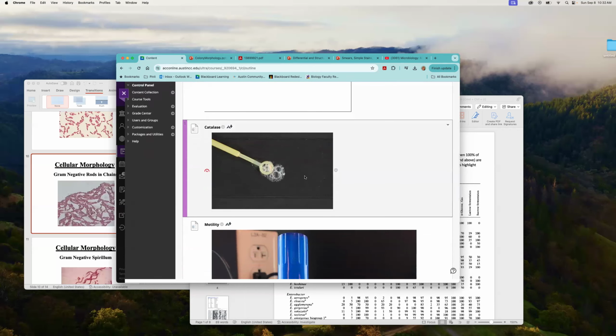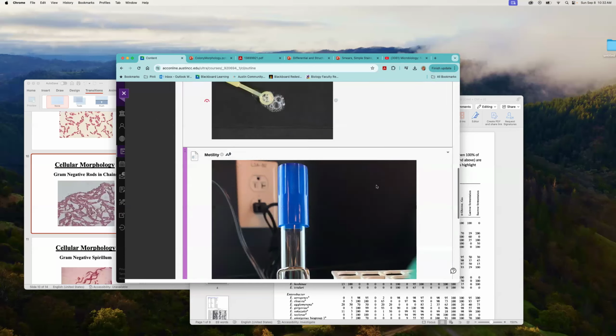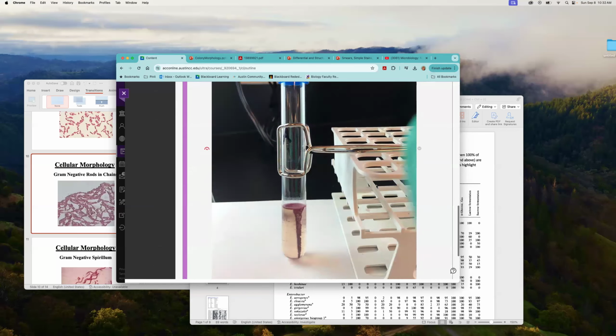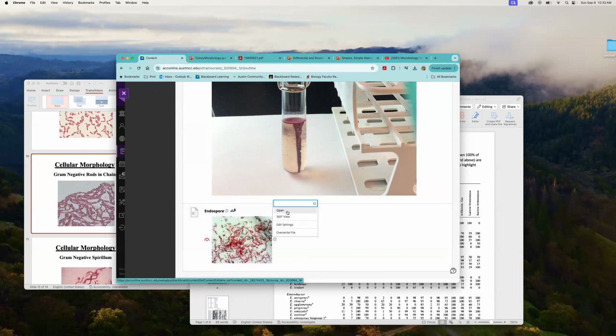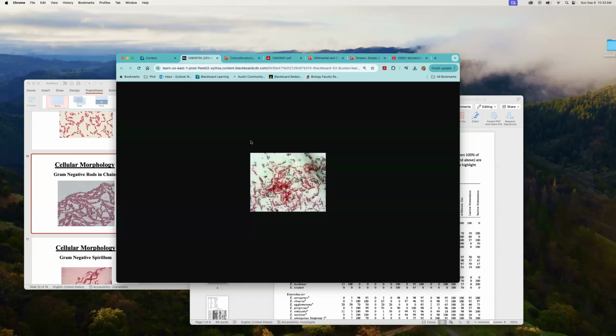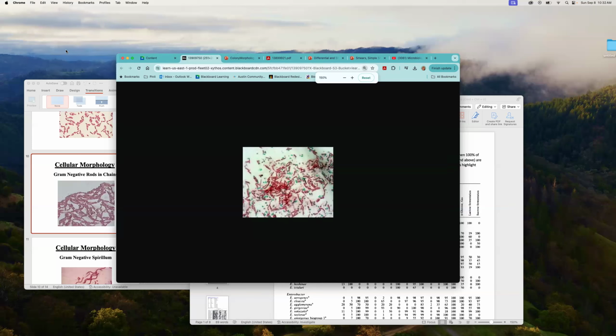You would have a catalase test. You would have a motility test. And this particular one has an endospore test. Now, if you can't see it really well, you can open it and zoom in on it.